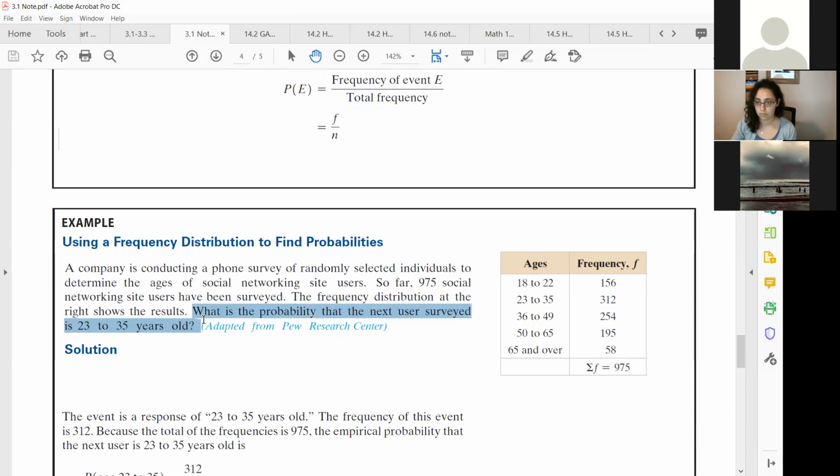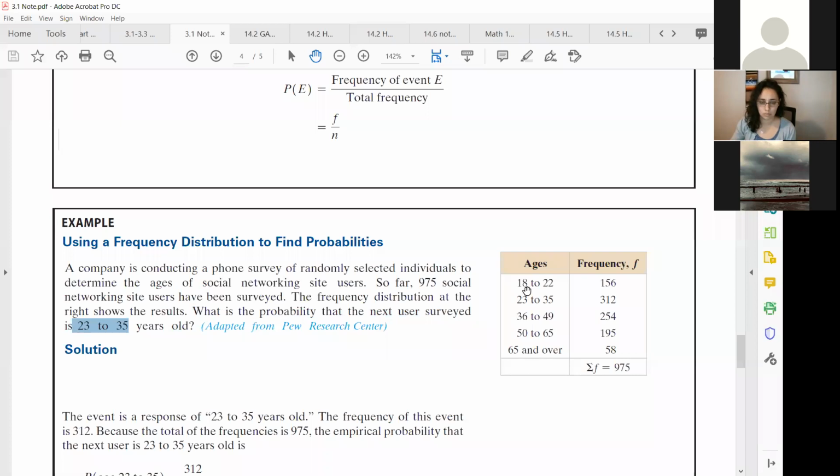The question says, what is the probability that the next user surveyed is 23 to 35 years old? Well, take a look at your distribution here.